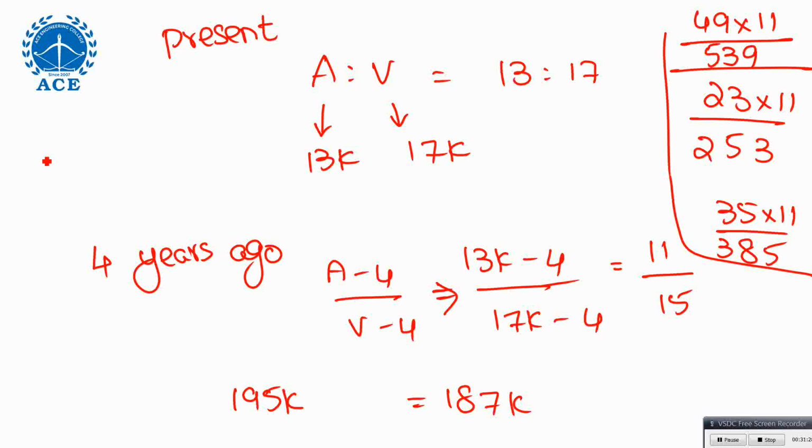Sir, 123 into 11? First 3, what is 2 plus 3? 5, then 1 plus 2, 3, then 1. With 11, at most it can hold two numbers. First one number, 3, then 2 plus 3, 5, then 1 plus 2, 3, then 1.